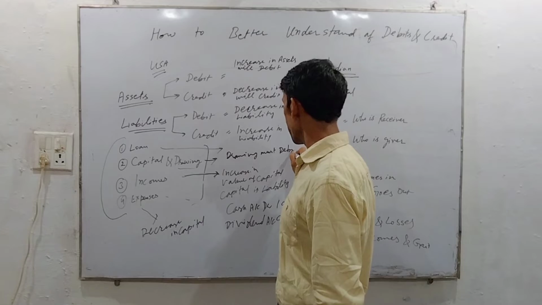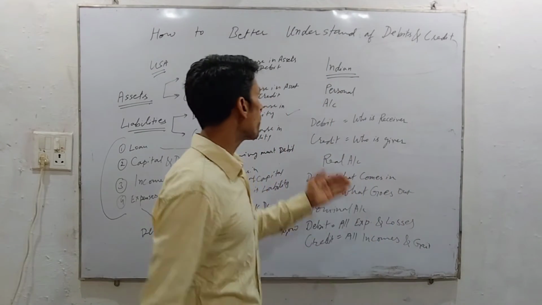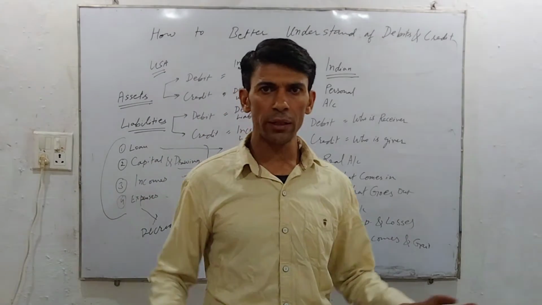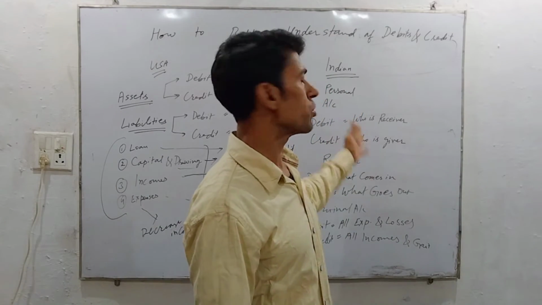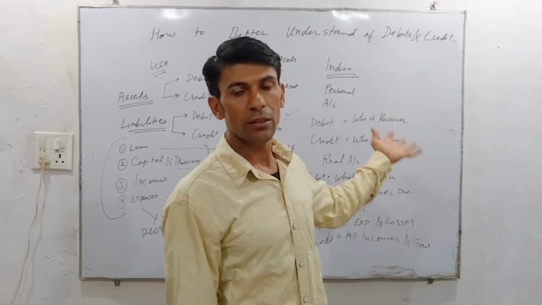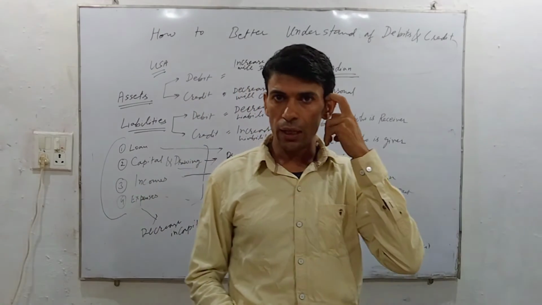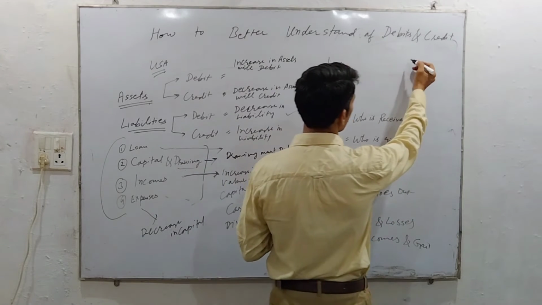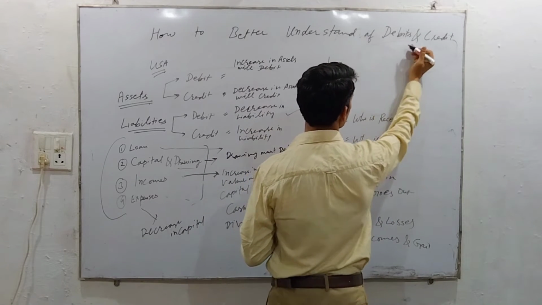Okay, and now come to the Indian approach. Personal account: who is the receiver? We forget assets and liabilities. We just focus on who is the receiver, who gets debit, and who is the giver, who gets credit. If we sell goods to Sham, Sham is the receiver.